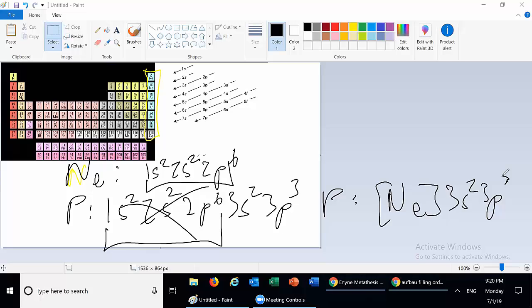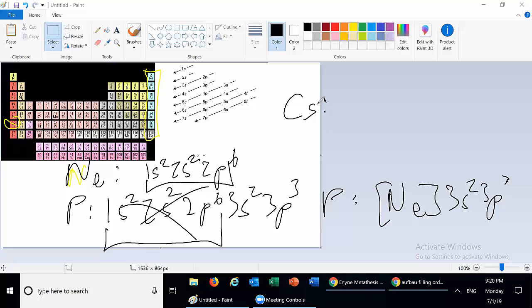So now let's do the abbreviated electron configuration for cesium, which I'll circle on the periodic table. The full electron configuration for cesium would be very long, but what's the abbreviated one? Can someone tell me? It's bracket Rn.